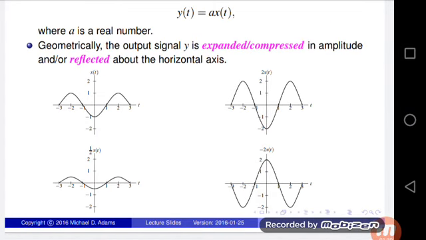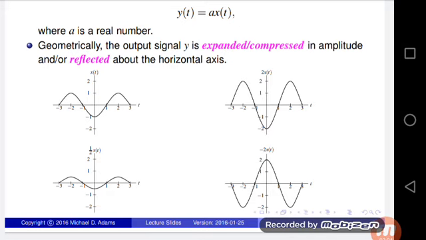These are the different types of signals. Here we are seeing four types of signals. First one is x of t, second one is 2x of t, third one is half x of t, fourth one is minus 2x of t.